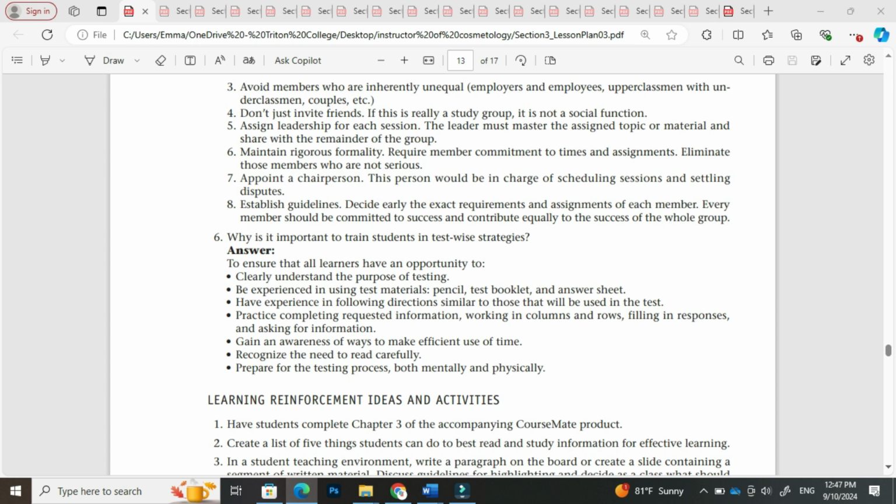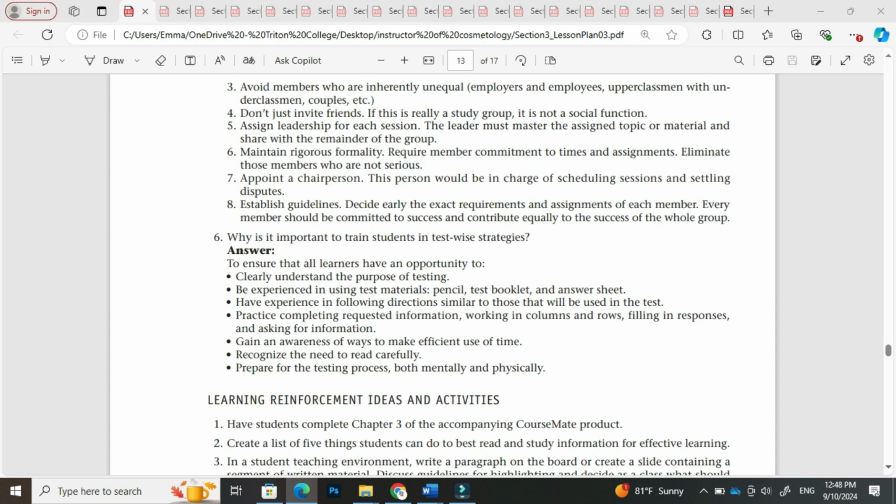Have experience in following directions similar to those that will be used in the test. Practice completing requested information, working in columns and rows, filling in responses, and asking for information.